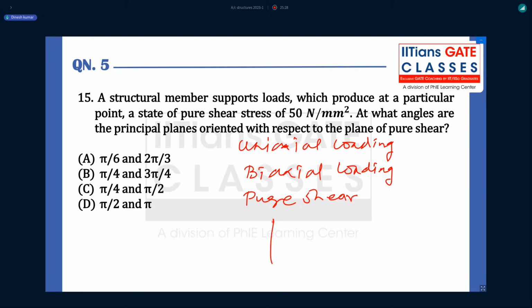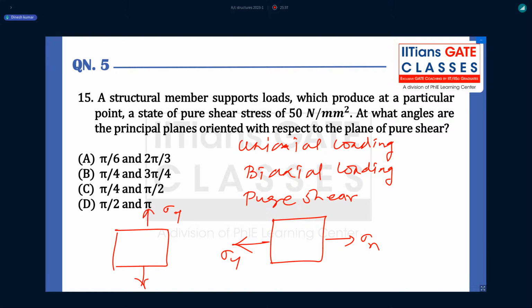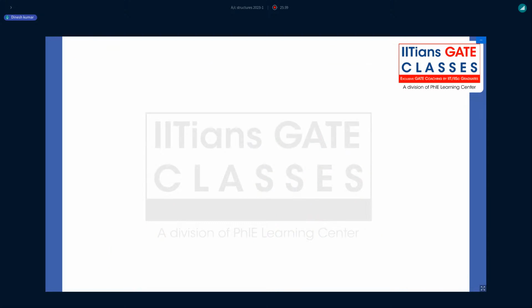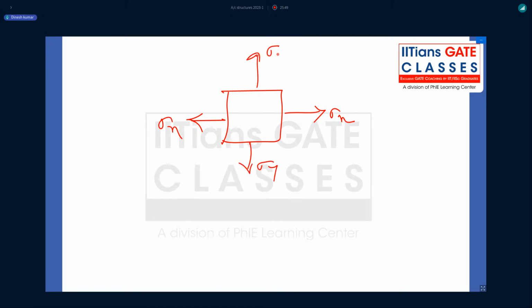Uniaxial loading means you have only sigma x, or you can have a case where you have only sigma y. What is biaxial loading? Biaxial loading means you can have sigma x as well as sigma y. But what is tau xy in biaxial loading? We know biaxial means tau xy is 0.